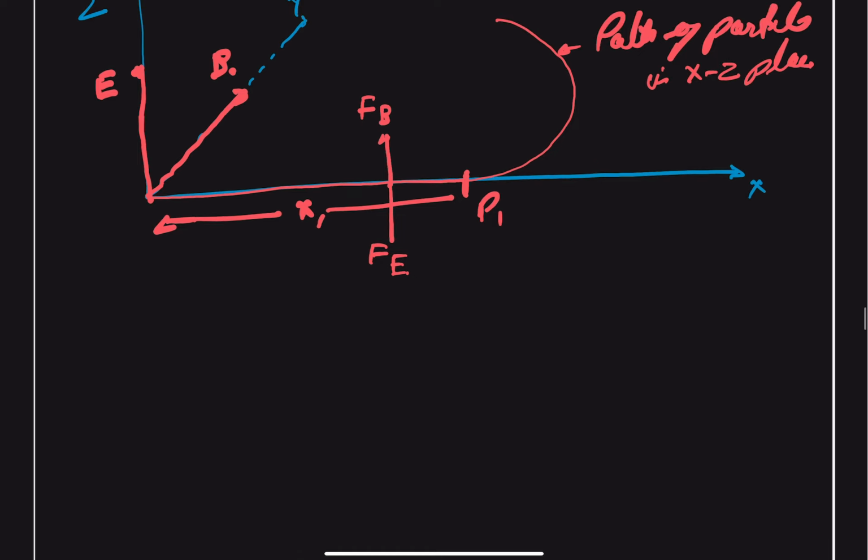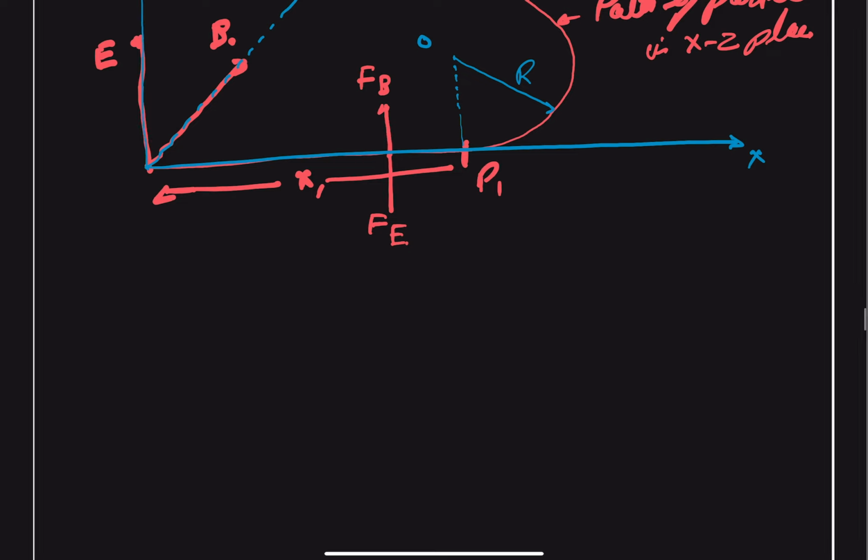Suppose we have the center of this circle, and let us call this center O, and we have radius r. P2 is our position at the respective time, whose coordinates we are supposed to find out.